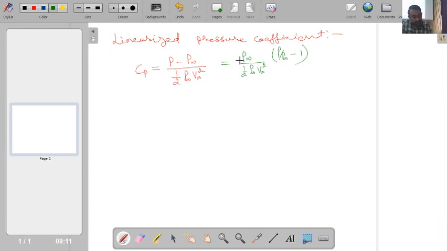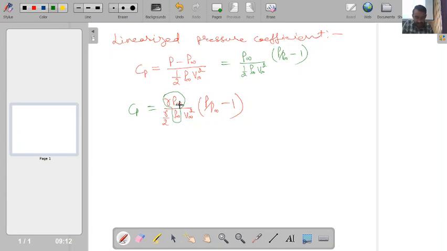Okay, now I will multiply this equation by gamma and divide by gamma. So it becomes gamma P infinity, and dividing also by gamma, gamma by 2 rho infinity V infinity square, and P by P infinity minus 1. For a calorically perfect gas, gamma P infinity by rho infinity is nothing but the speed of sound.